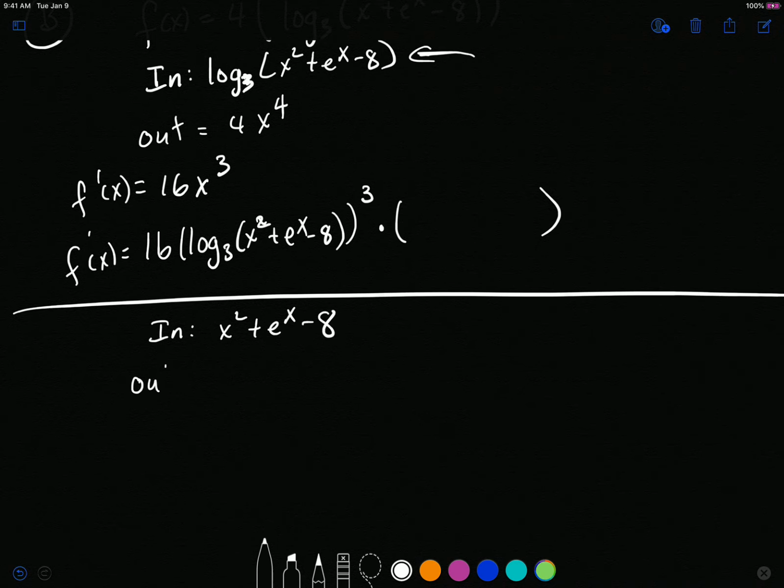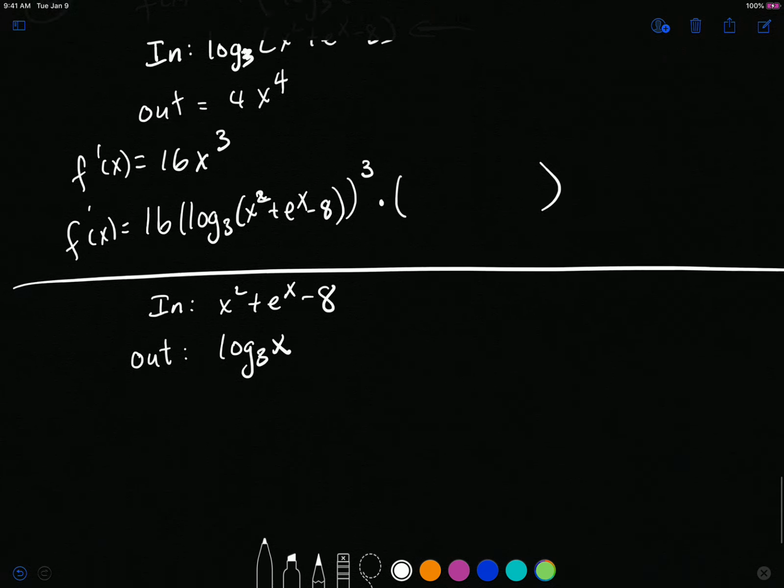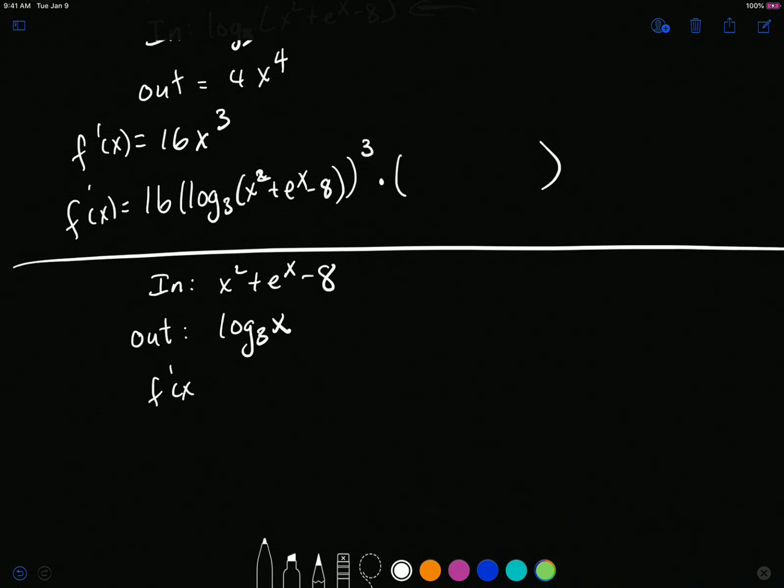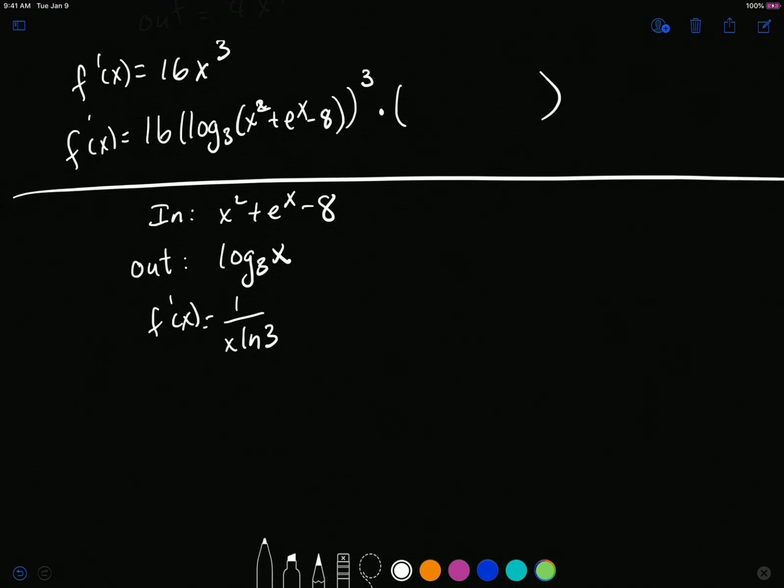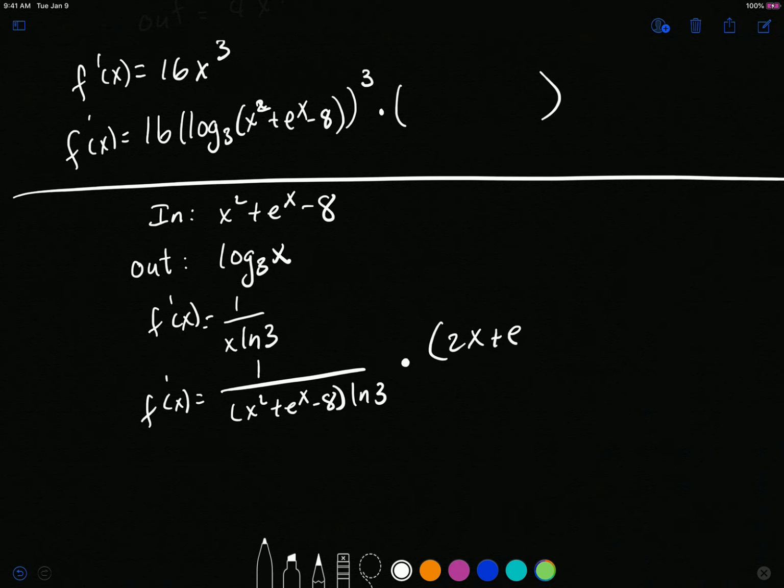The outside function is log base 3 of x. You find the derivative of the outside function, 1 over x ln 3. Two steps remain. You have to plug the inside function back in, x squared plus e to the x minus 8 ln 3, and then multiply by the derivative of the inside function.